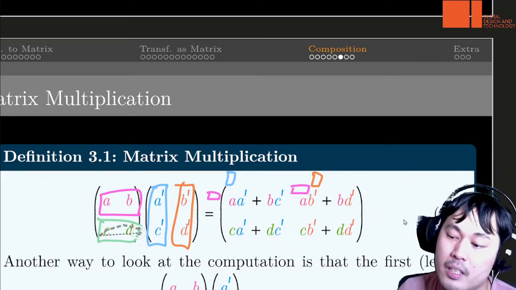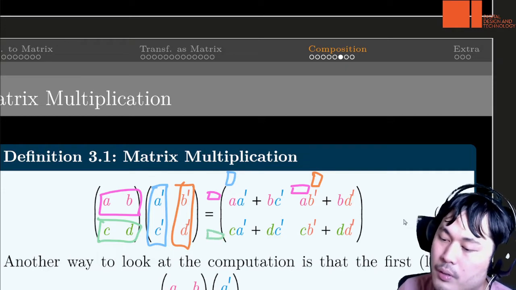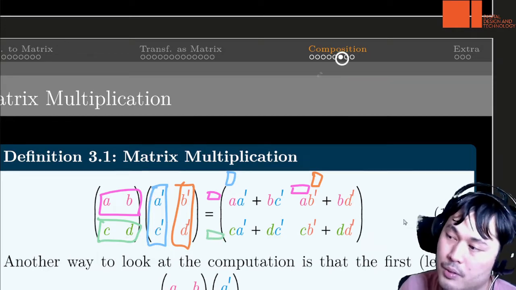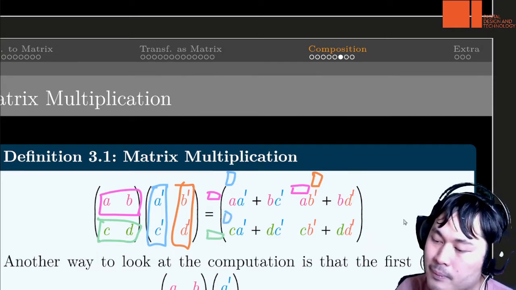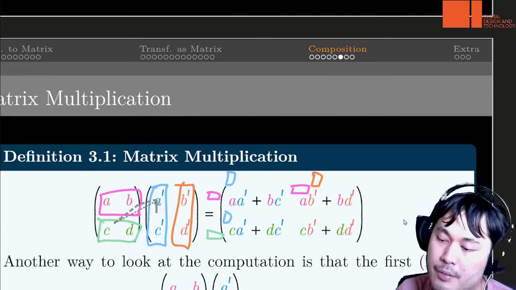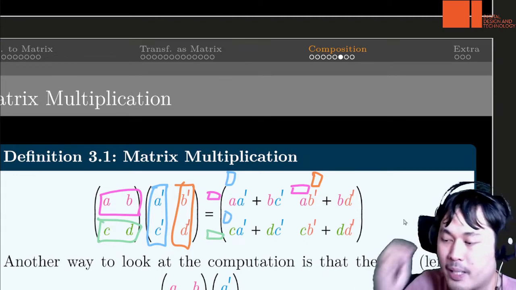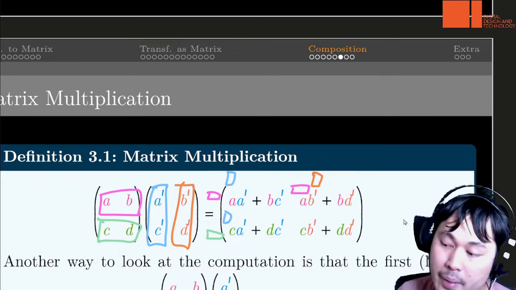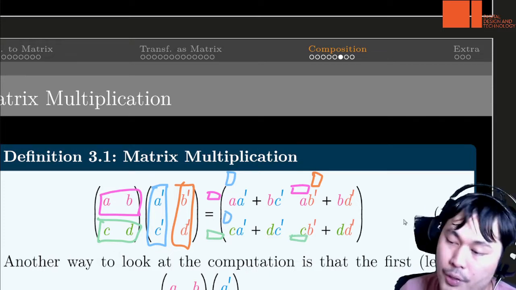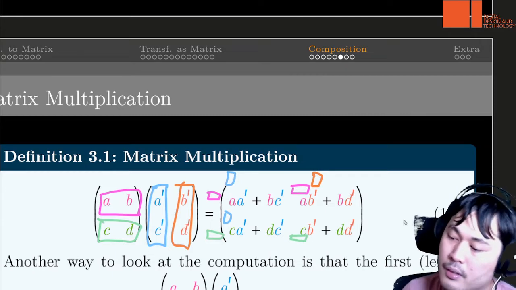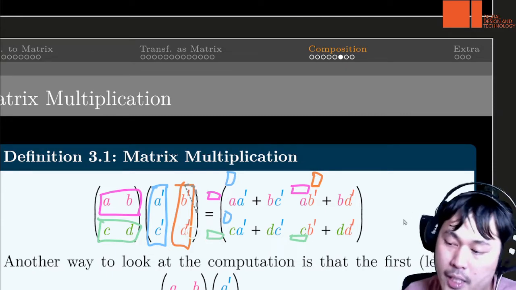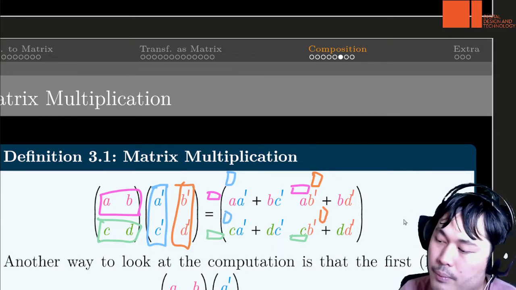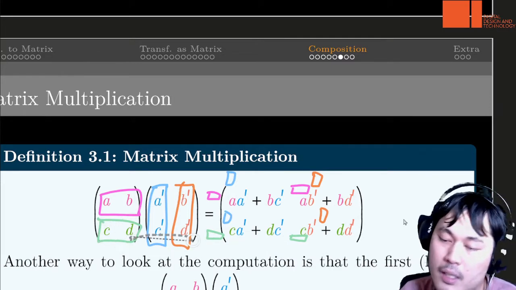Third, we have C D, which is the second row, and we multiply that by the first column. So it's C times A prime and then D times C prime. And lastly, we have what remains, which is the second row of the first matrix. We multiply that by the second column of the second matrix, which is C times B prime and D times D prime.